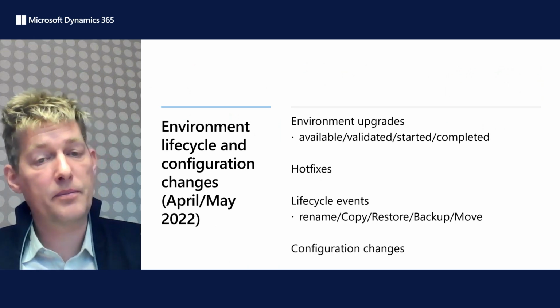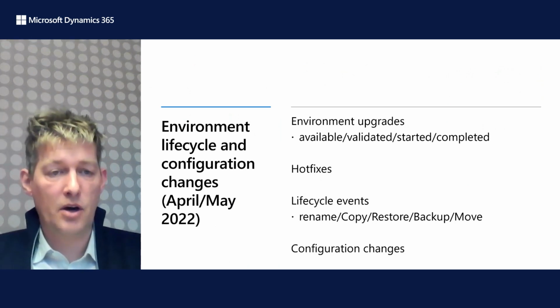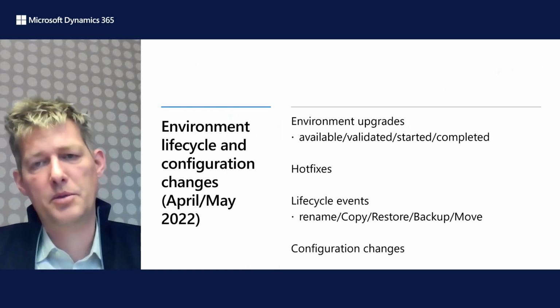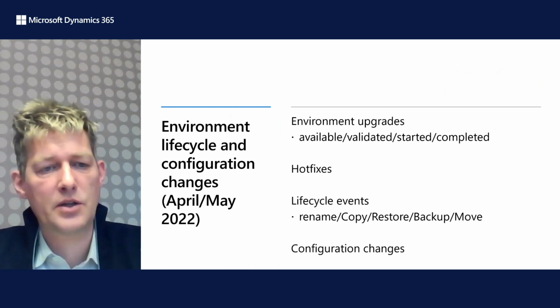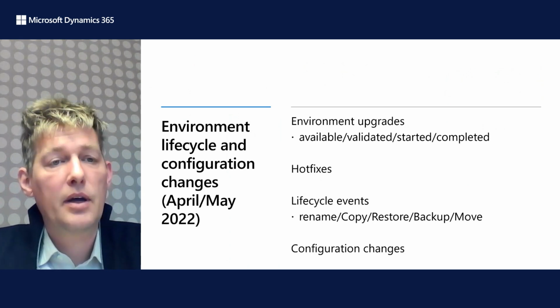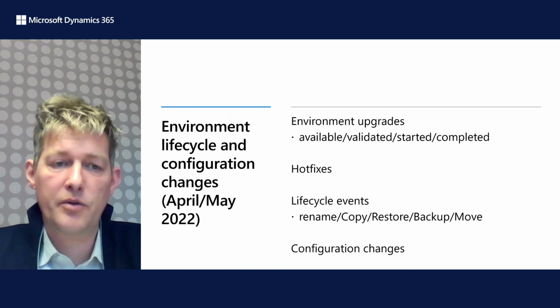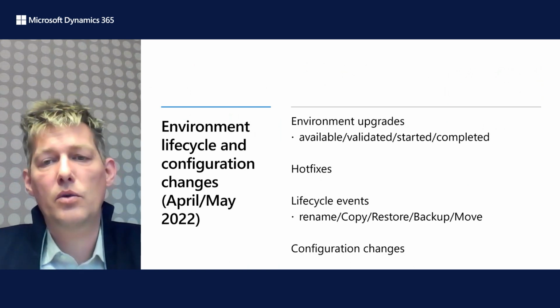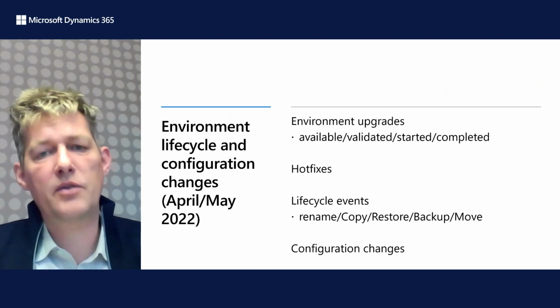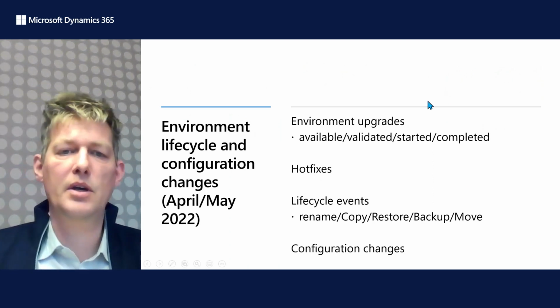Then a huge thing is actually coming, not as a part of the Business Central product, but as a service release. So that's why it's stating April or May 2022: environment lifecycle and configuration changes. I think it's something like 60 or 70 different events that we will log to telemetry.